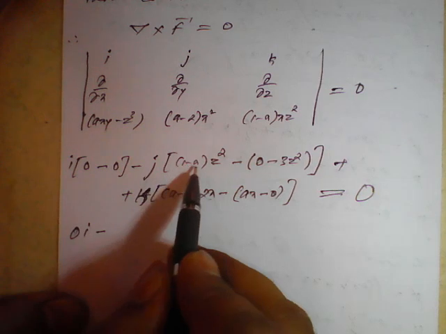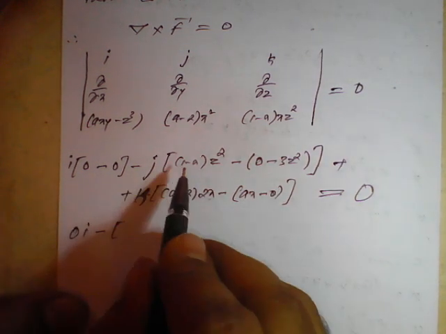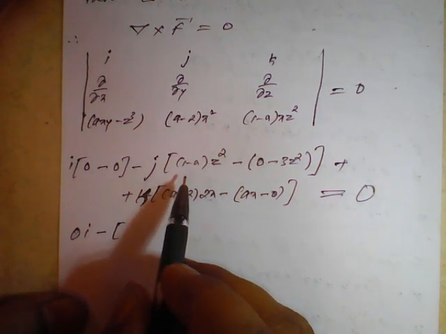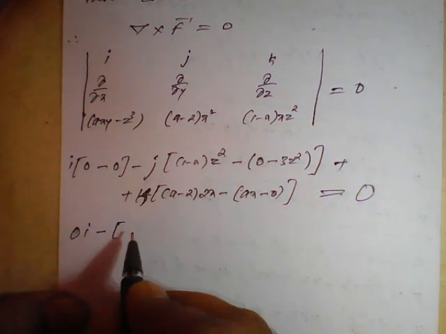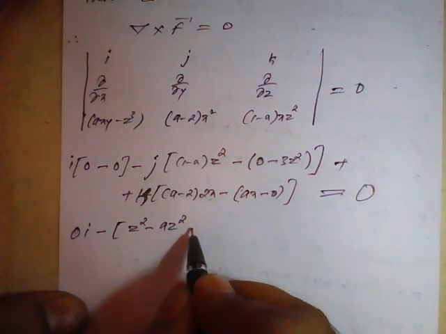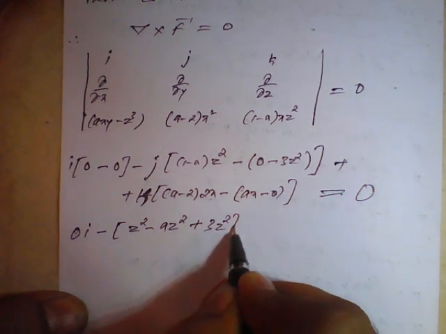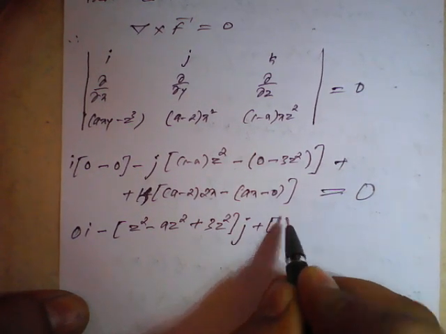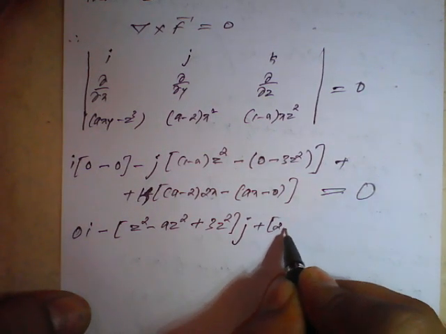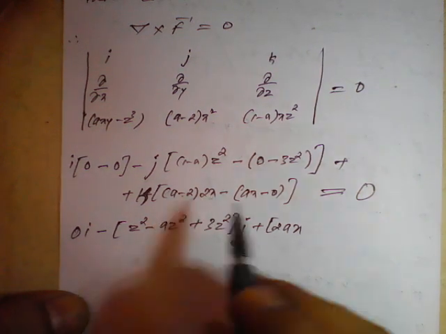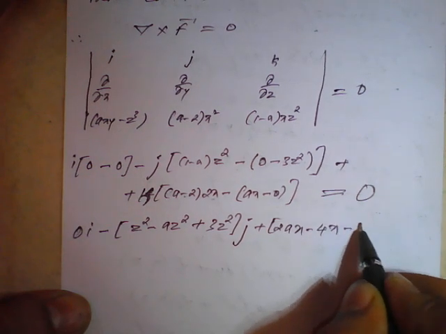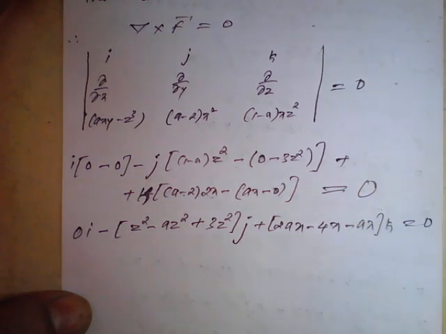Minus, opening the bracket, we get z square minus az square plus 3z square of j, plus, simplifying for the k term, opening the bracket, 2ax minus 4x minus ax of k, equal to 0.